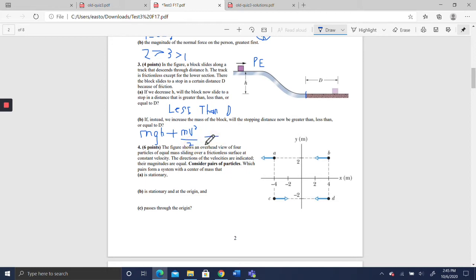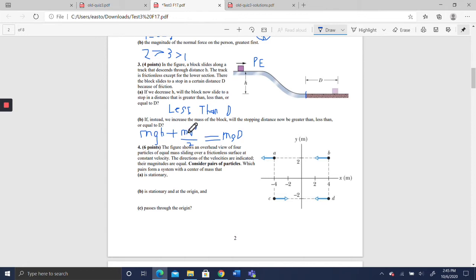And then the friction is equal to the normal force times distance. The normal force is going to be equal to the mass times gravity. So you can see here we have mass in each of these values.